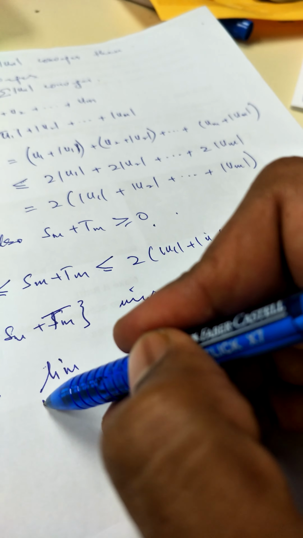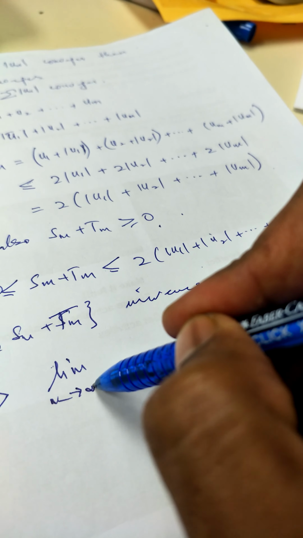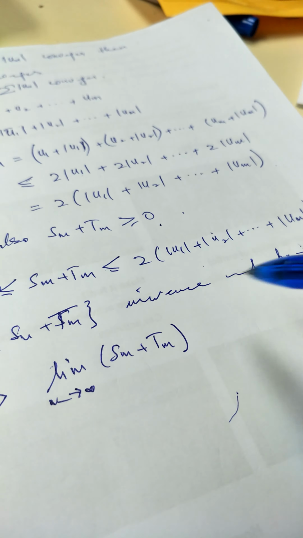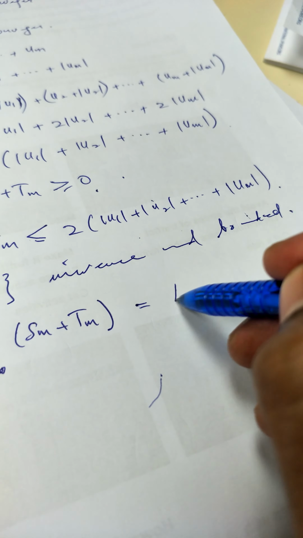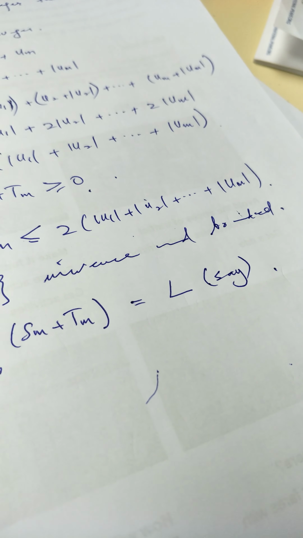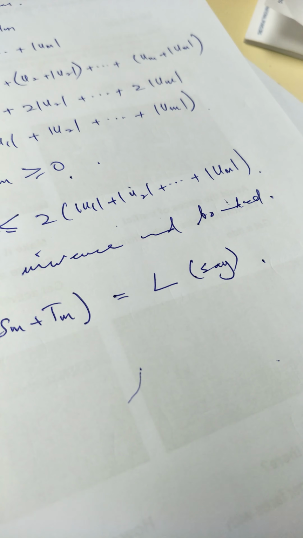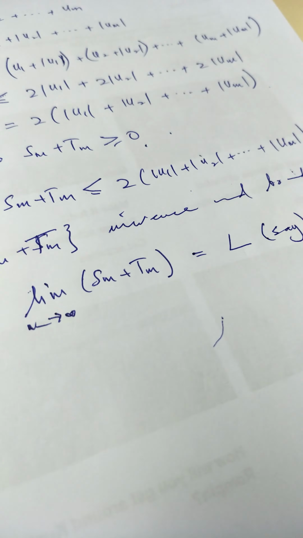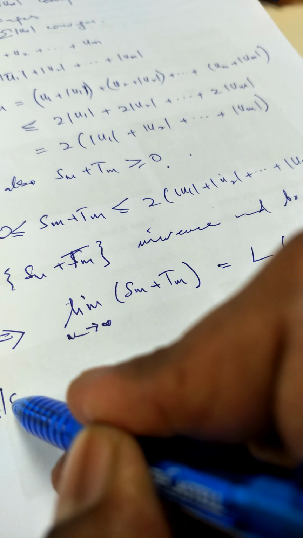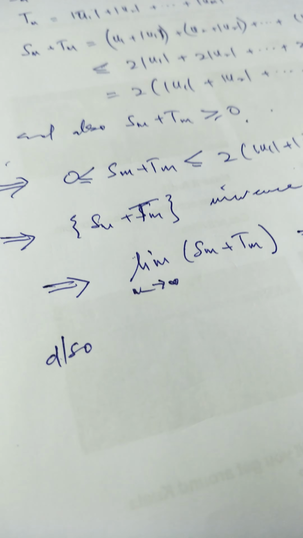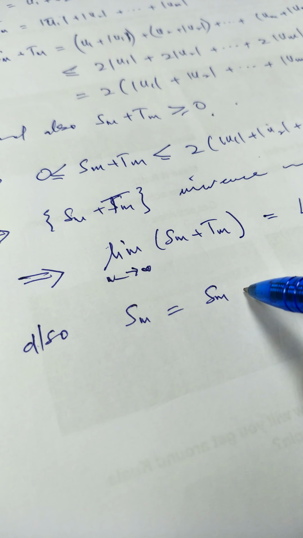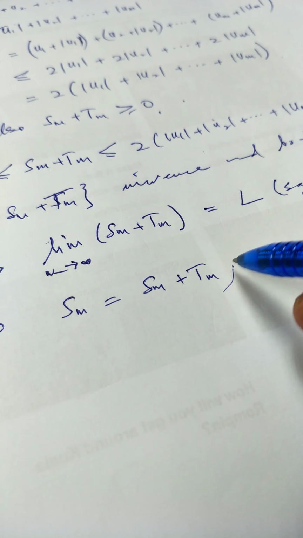So we can write the limit as m goes to infinity of Sm plus Tm equals some number L. Also I can write Sm equals Sm plus Tm minus Tm.